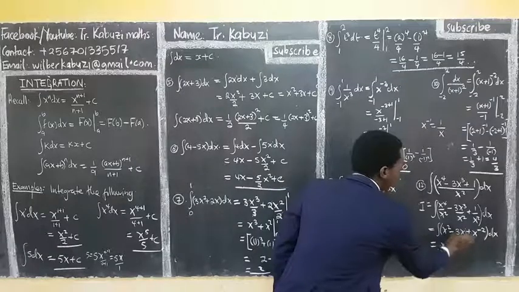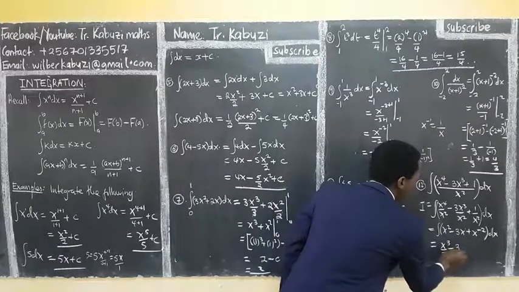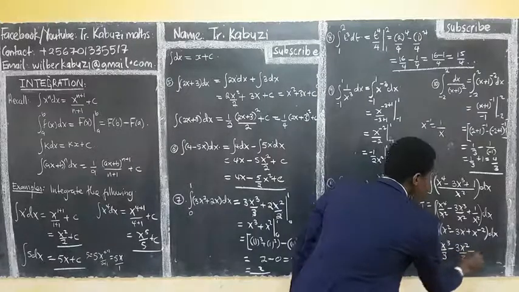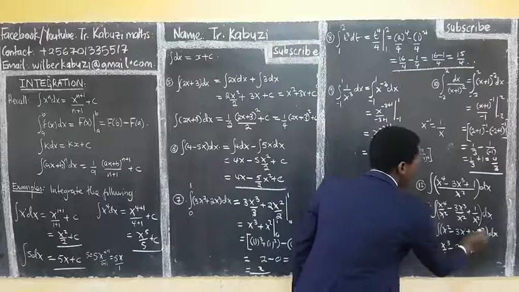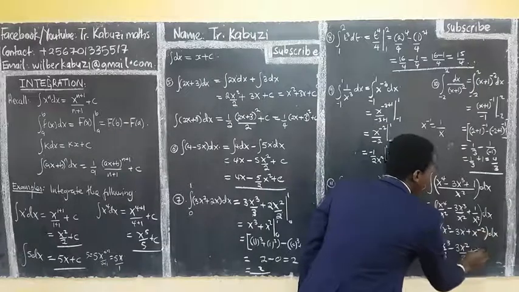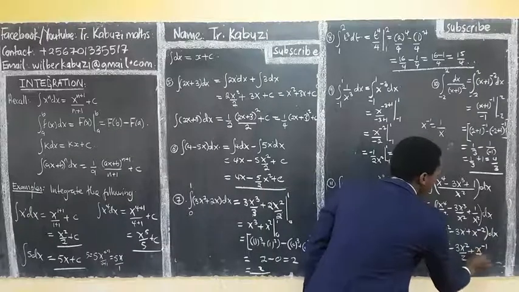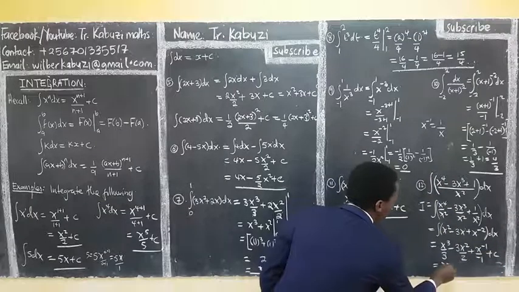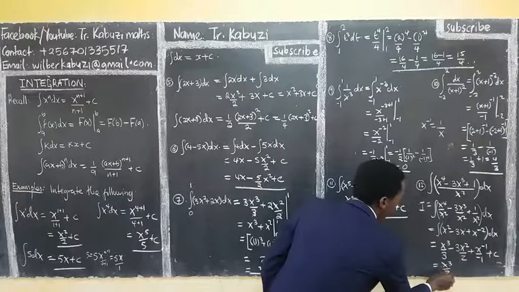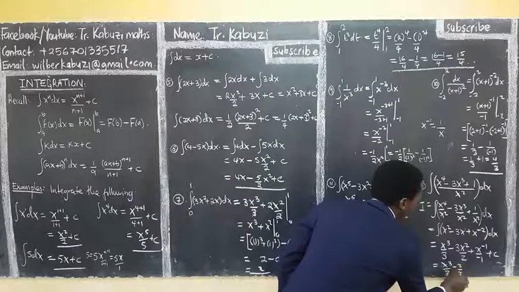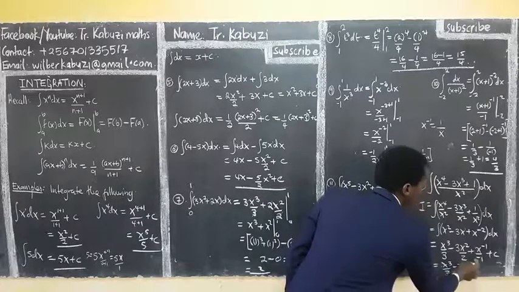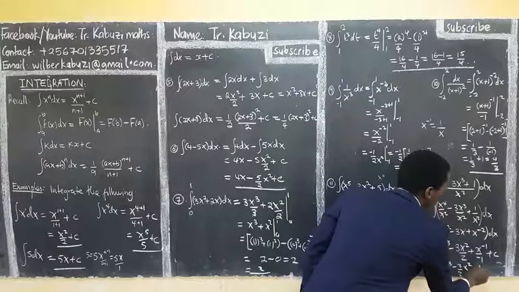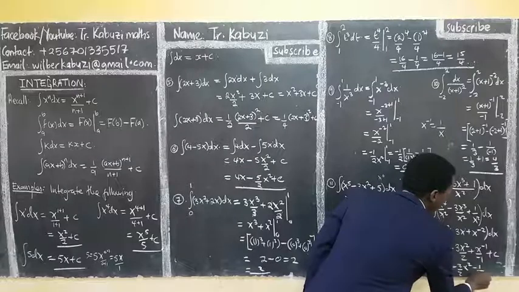Then this is 6 power 1, increase it by 1, you get 3 x power 2 divided by 2. Then increase this by 1, we shall get x power -1 over -1, then plus c. Simplify it, you get x cubed over 3, then -3 over 2, x squared. And when a negative is divided by a positive, you get negative now 1 over x plus c.